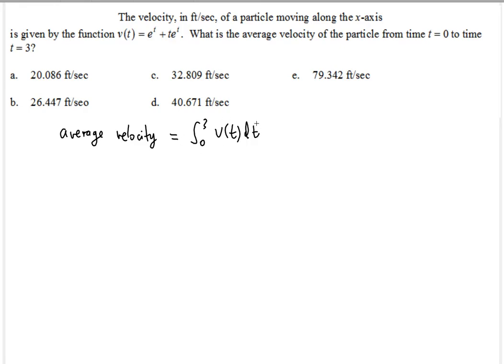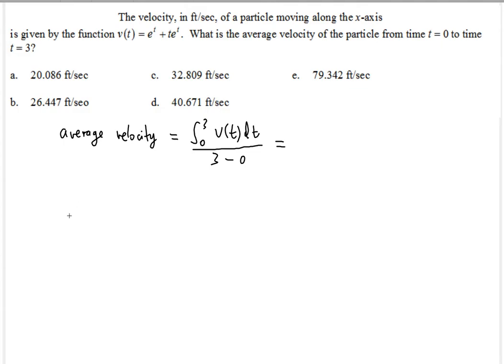This gives you the cumulative velocity, or the total velocity, because you're including all the times from 0 to 3, and then you need to divide that by the time frame. The time frame is going to be 3 seconds, because we're talking about from 0 seconds to 3 seconds. So 3 minus 0. Once you find the integral of the velocity function as a function of t, you will simply divide this by 3, and then you will find the answer. So we're going to put the answer here.